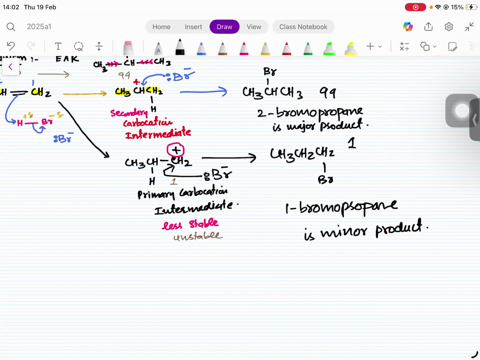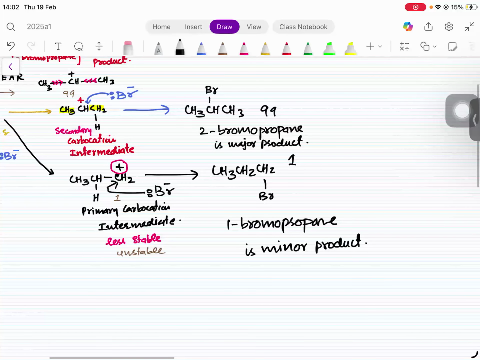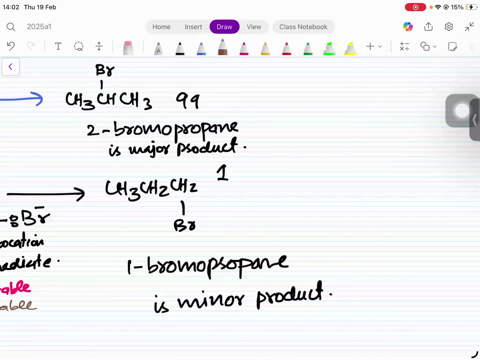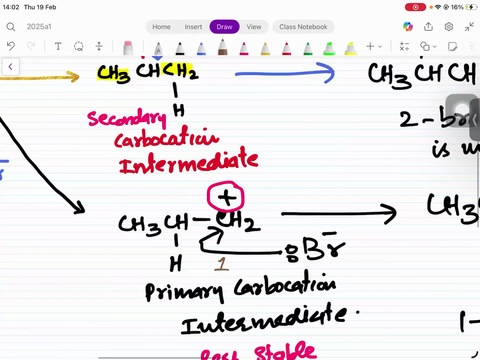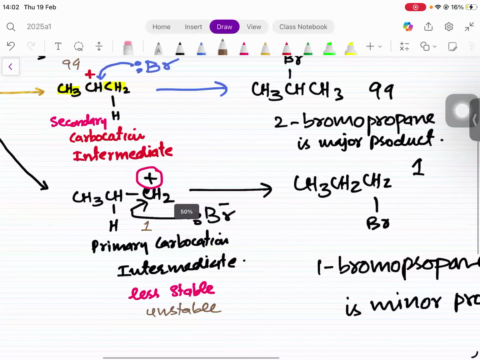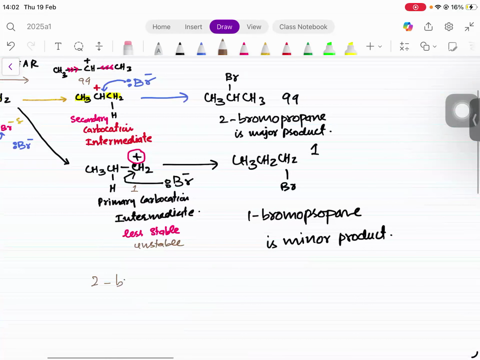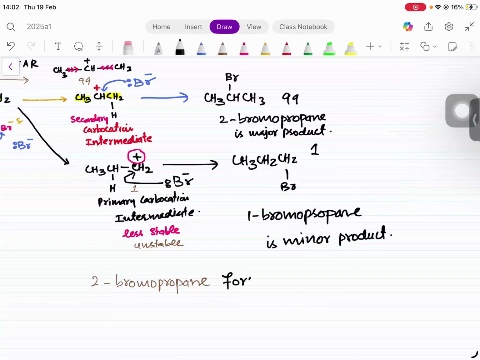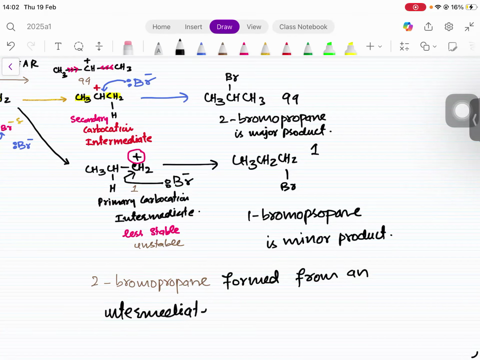What is the reason? Look at the reason. 2-bromopropane is formed from an intermediate which was a secondary carbocation.